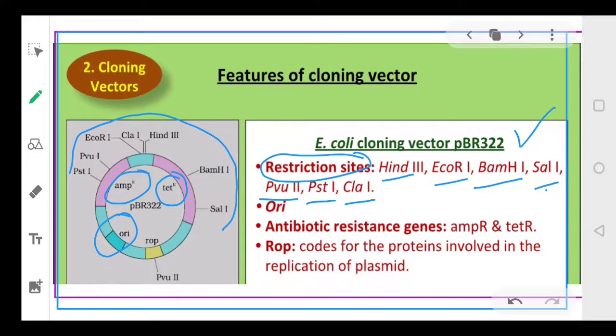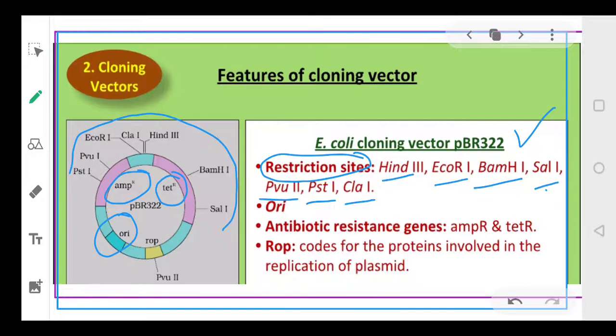These are two antibiotic resistance genes. ये जो हैं दो जीन्स हैं जो इस बैक्टीरिया को एंटीबायोटिक्स के अगेंस्ट रेजिस्टेंस डेवलप करती हैं। यानी अगर इस बैक्टीरिया को एम्पीसिलिन या टेट्रासाइक्लिन दो मीडियम्स में रखते हैं, so there will be no effect. This bacteria will be resistant to these antibiotics, right?